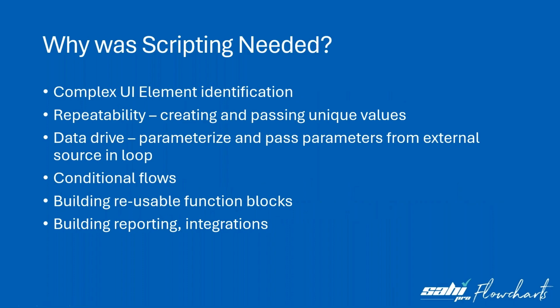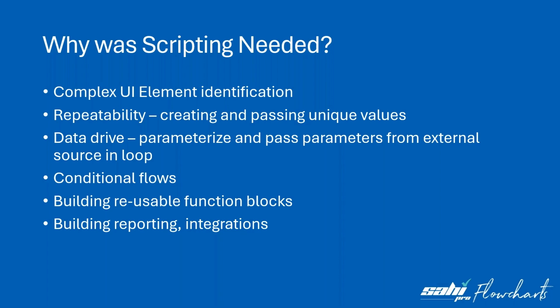To see what flowcharts is trying to do, we needed to see why scripting was really needed. This is not just about Sahi Pro, but also about other tools. Scripting was needed for complex UI element identification. Sometimes you need to find a list of things, then find a particular one. Scripting was needed for repeatability.